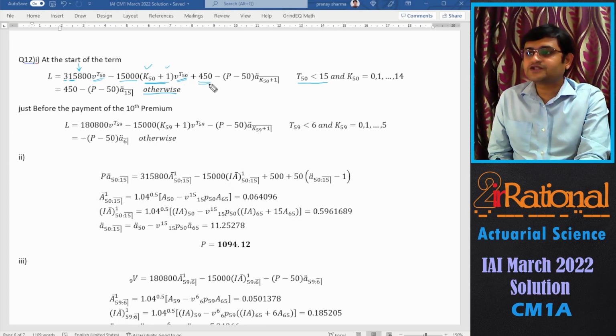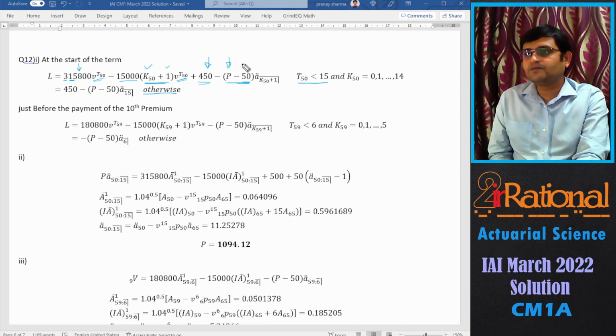The initial expense is 500, but I have also deducted the renewal expense of the first year here because I have taken an extra renewal expense here in the first year as well. So therefore I am not reducing the first year here, and that is why I have 450 here.